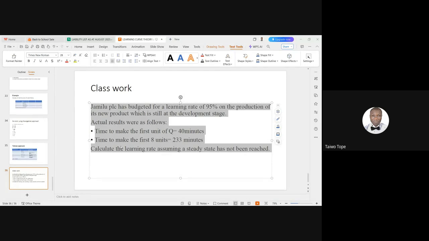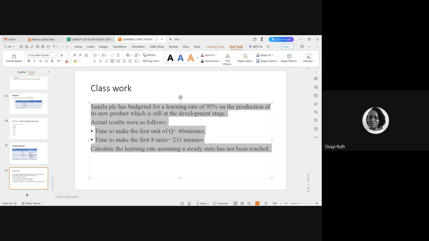Yes, sir. Now, for you to solve this question, what are you going to do? Because what you need is the average for the cumulative 8 units. I showed us when you have total and you need to determine average, and when you have average and you need to determine total. So what are you going to do at this point to determine the average?